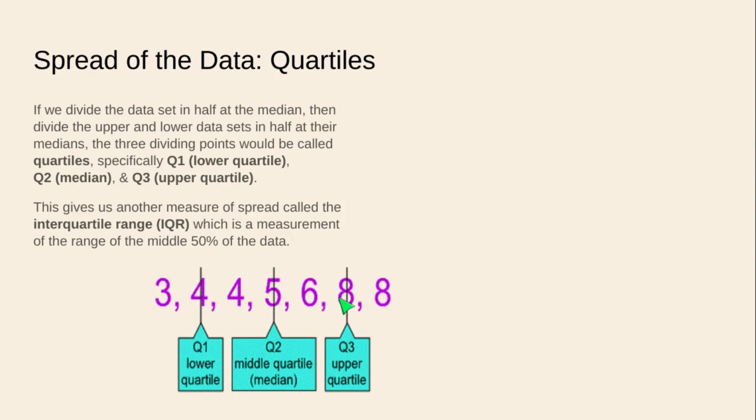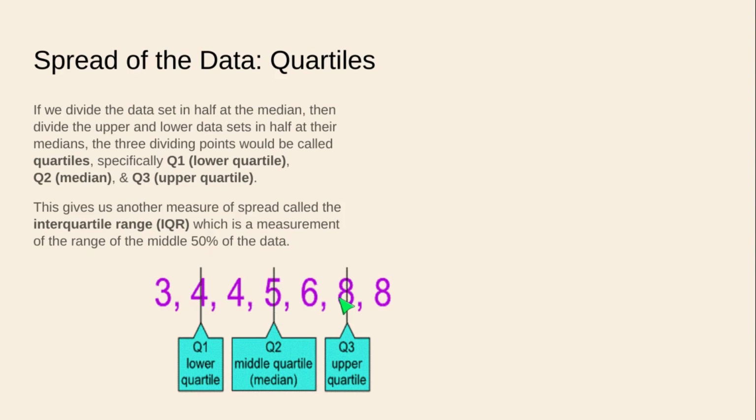It's usually not perfect, but it's about 50% of the data. The reason these numbers are called quartiles is because they divide the data into quarters approximately. Now, with small data sets, it's not as obvious, but with larger data sets, like one we're going to see in just a moment, they do divide the data up into quarters.